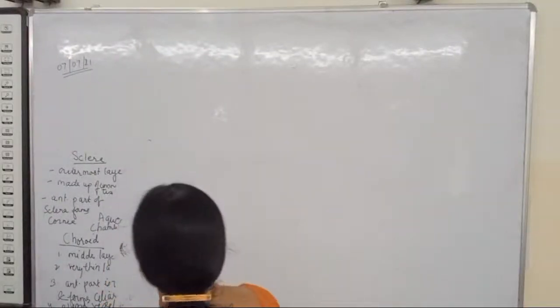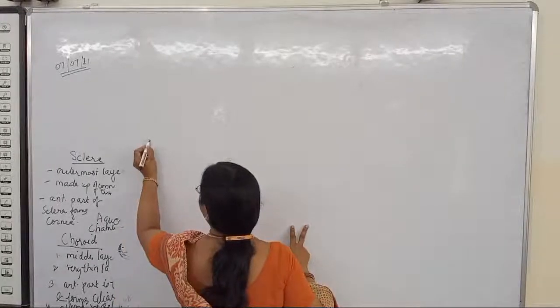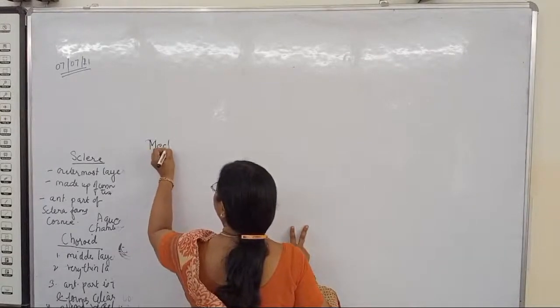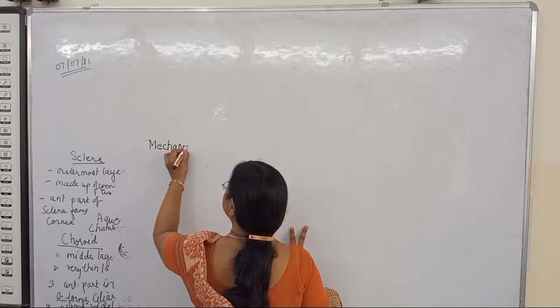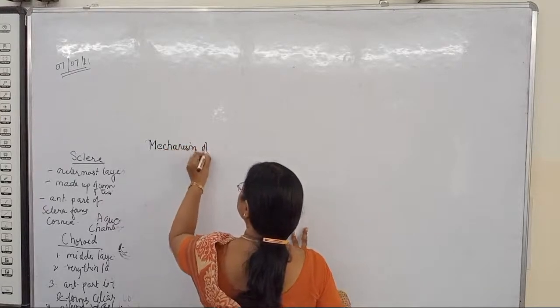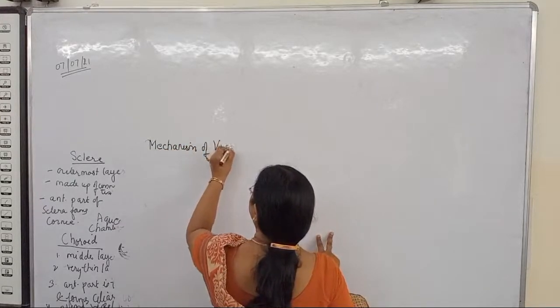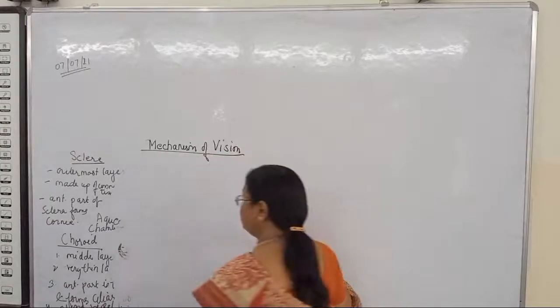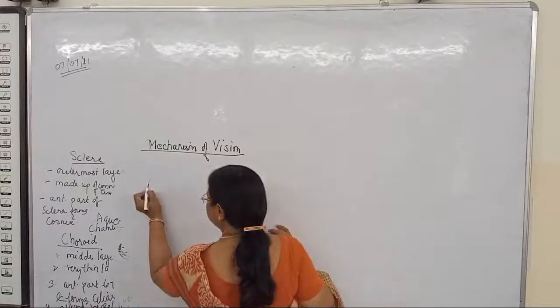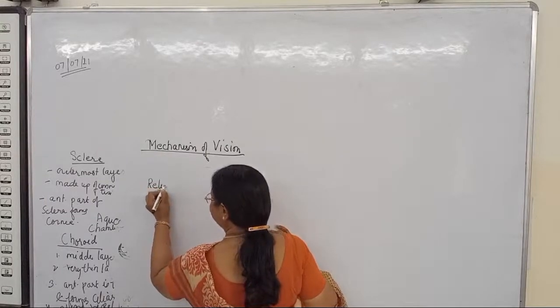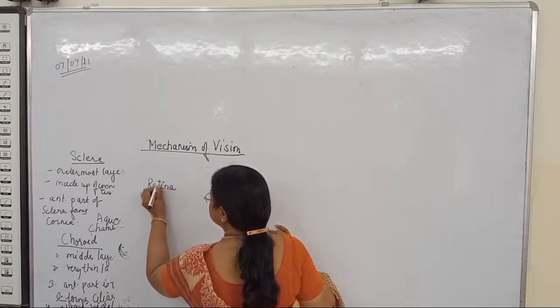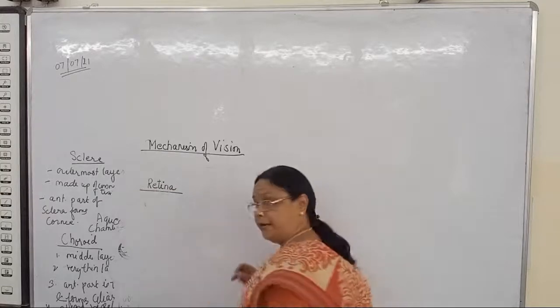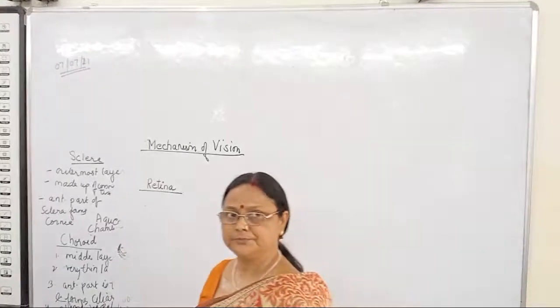Then you should know what the mechanism is. You talk about the structure of the eye and the mechanism of vision. Now before talking about the mechanism of vision, you must know about the different layers and the different cells which are present in the retina or retinal layer, right?